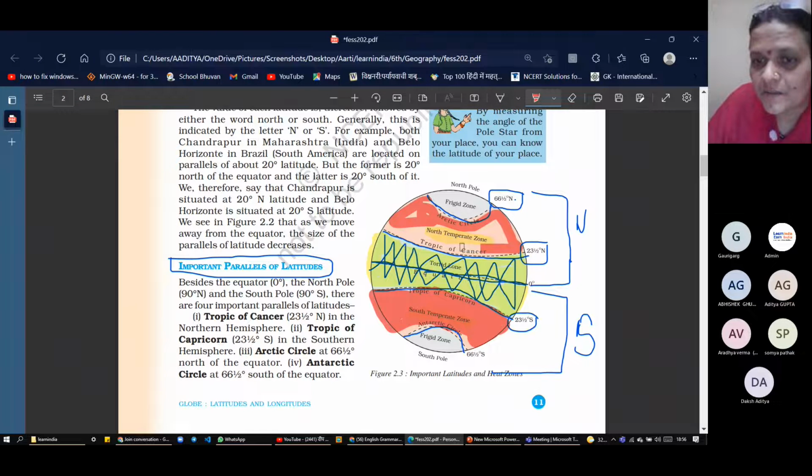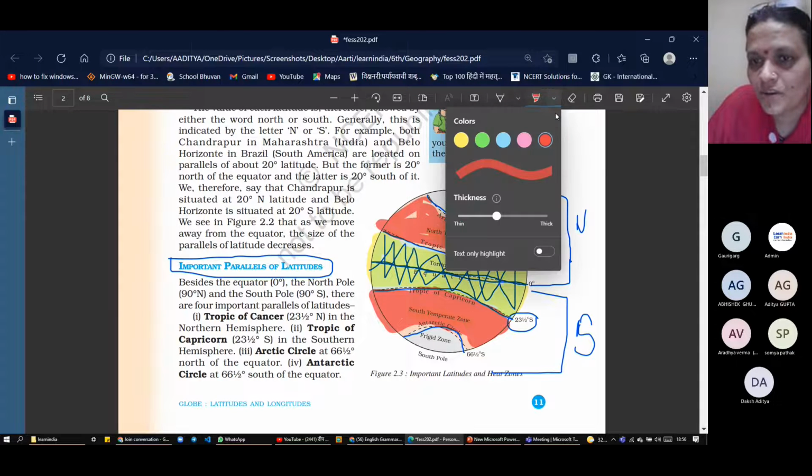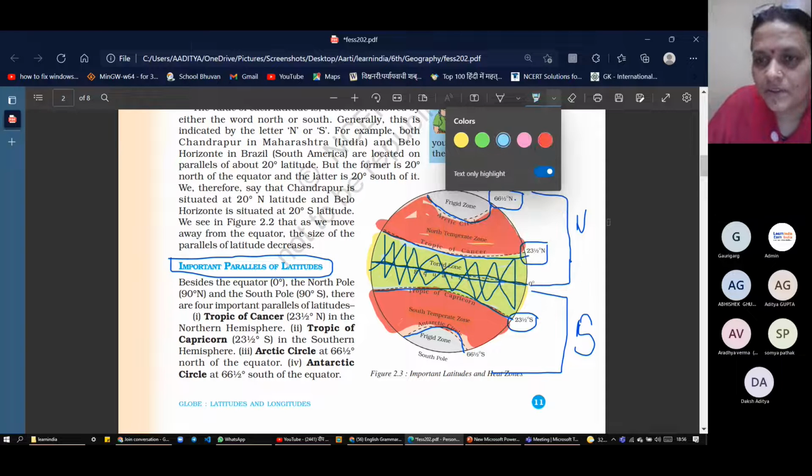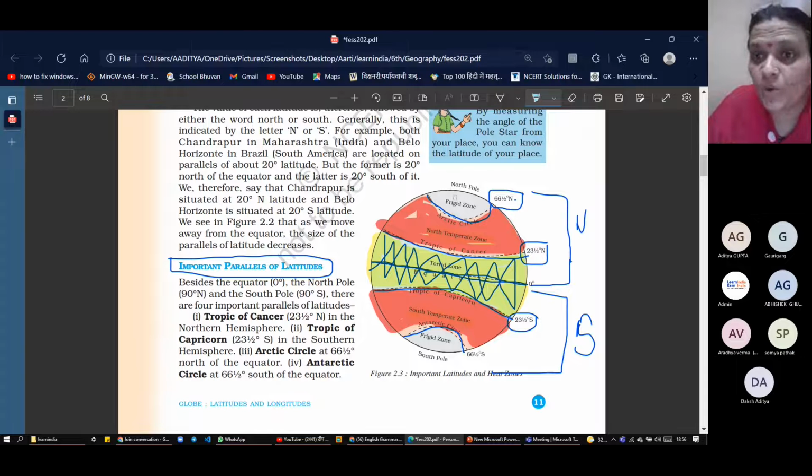Next is the frigid zone. Both the ends, North Pole and South Pole, are frigid zone. Do you know what the meaning of frigid zone is? Ma'am, there is freezing cold. Yes, it is going to be very, very cold.